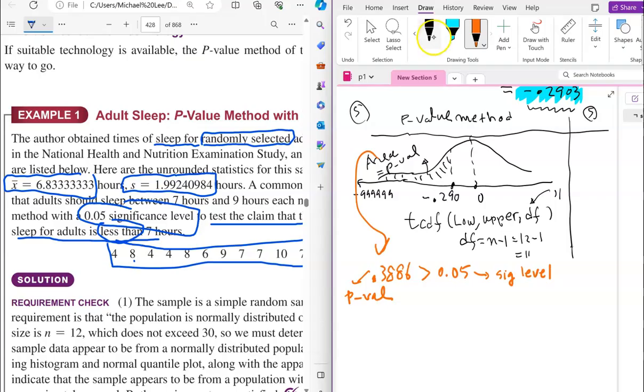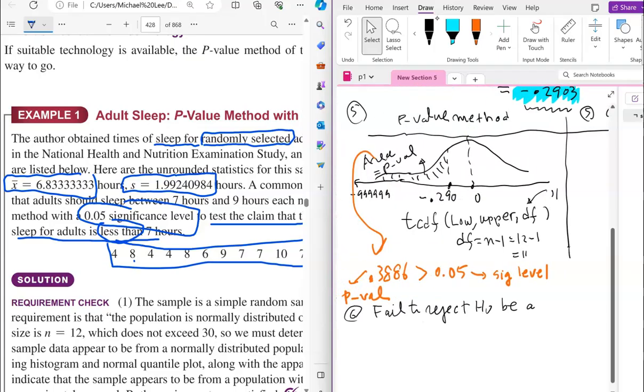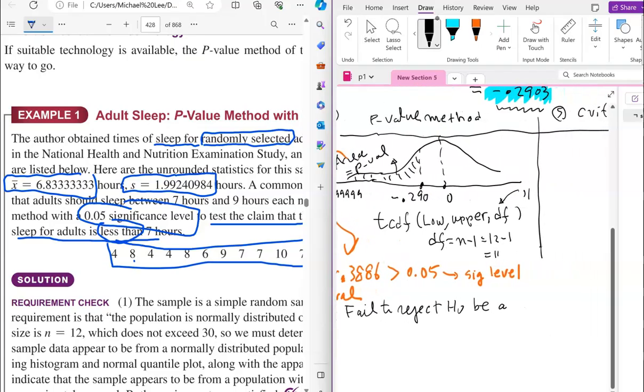Now, what are we going to do? Number 6: we fail to reject the null hypothesis because the p-value is greater than alpha.